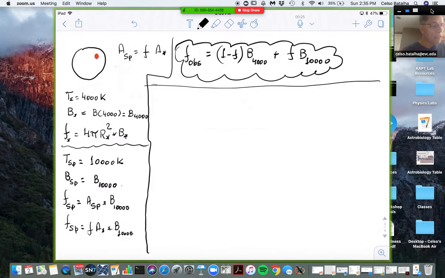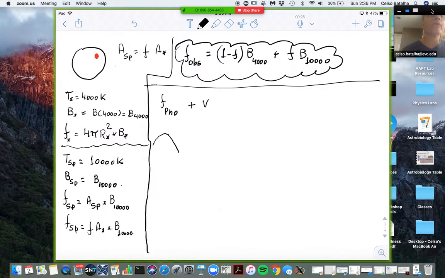So the template has a photospheric distribution that I'm calling F photosphere, and we say this flux is being added by some external emission that comes from the veiling.